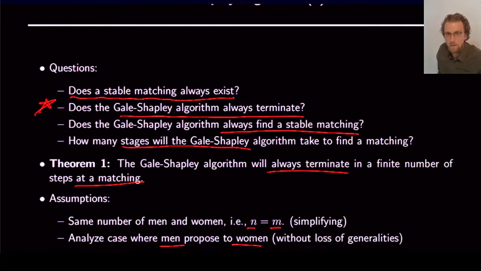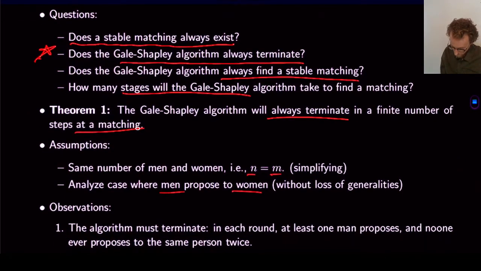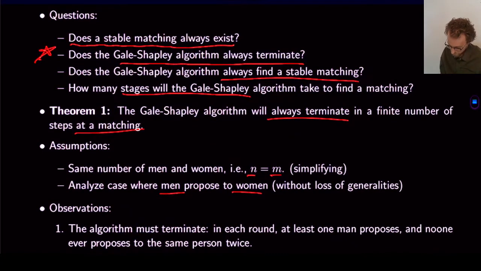So let's think about what it means for the algorithm to terminate. First, let's think about why the algorithm would terminate. Here's a very simple sentence that tells us why. We know that in every round, someone proposes.